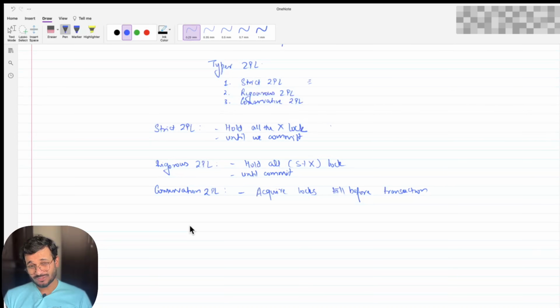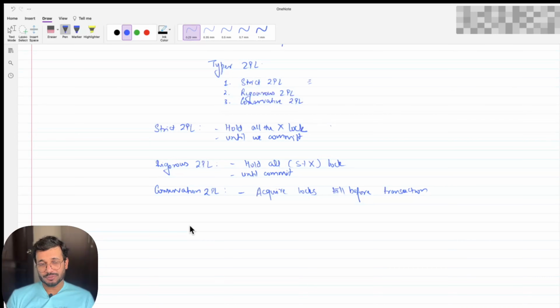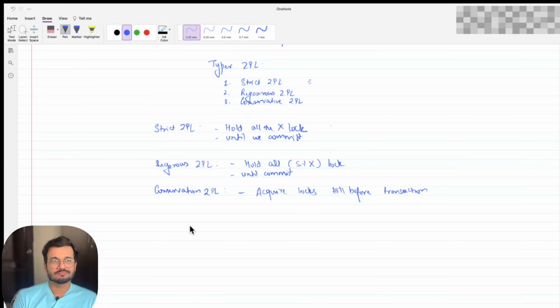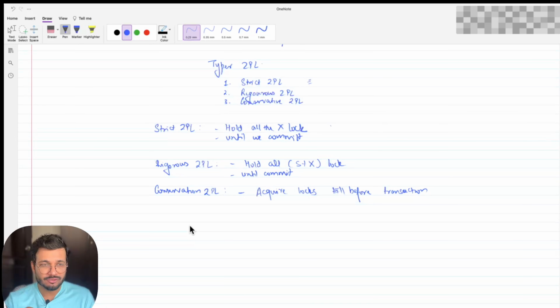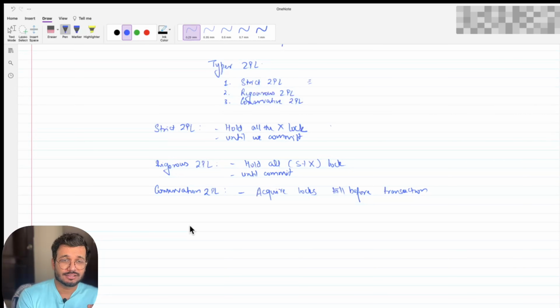Now, one advantage of conservative 2PL over rigorous is that we can overcome the deadlock issue which we may run into using rigorous 2PL or strict 2PL. But there is one very big flaw of conservative 2PL. Nowadays we have so many transactions, we need 1 million transactions per second. Because of the locks, the process becomes very slow.